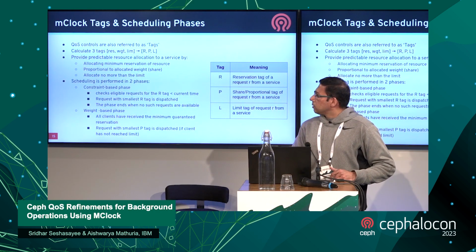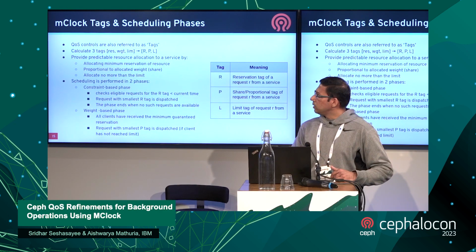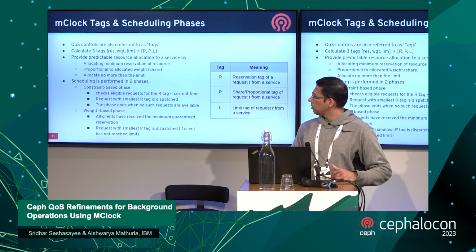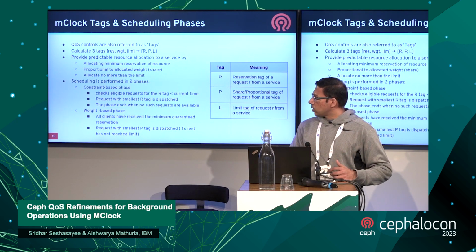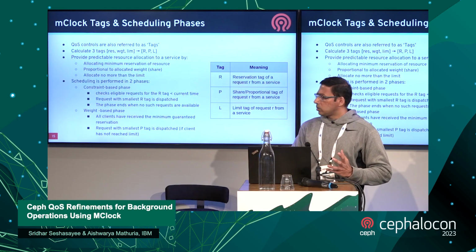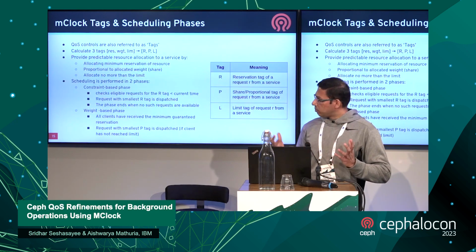So let's get into the MClock tags and the scheduling phases of the MClock algorithm. As Aishwarya already mentioned, there are 3 QoS controls, which are reservation, weight, and limit. The weight is also classified as a proportional tag. The purpose of having these 3 tags is to allow the algorithm to provide predictable allocation of resources.